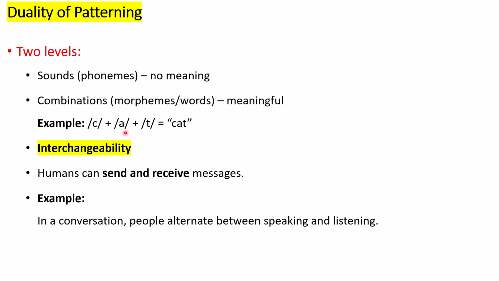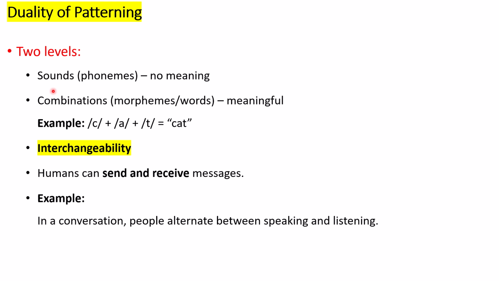For example, k, a, t. These meaningless sounds, phonemes, form a word. So the combination gives a word, that is cat. So here we can understand that language operates on two levels. So the first level is minimal units. Those are the alphabet for writing and phonemes for speech.